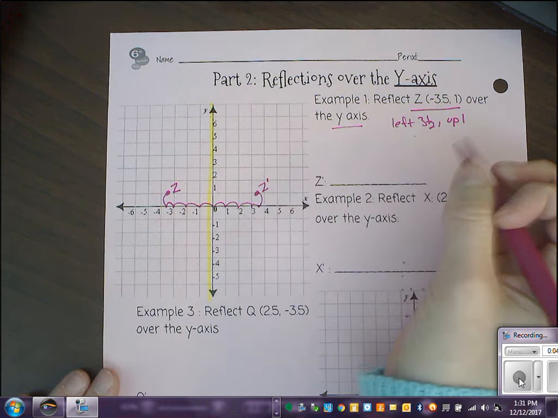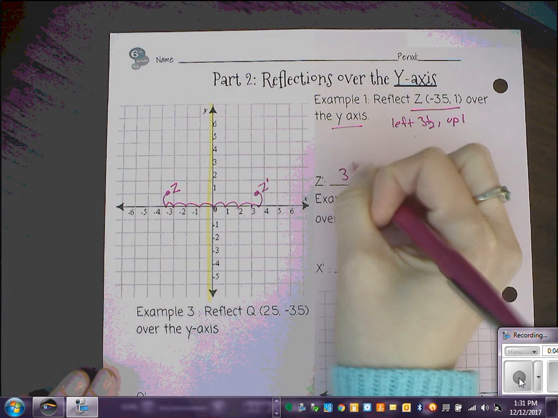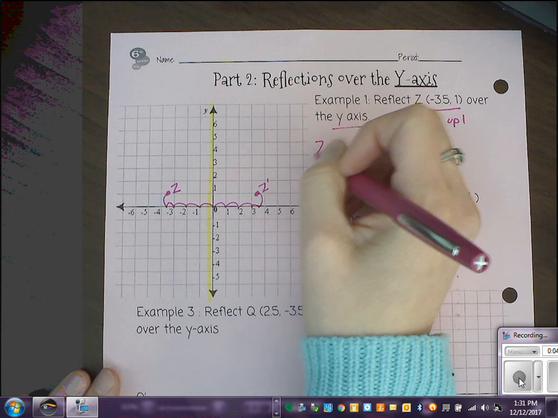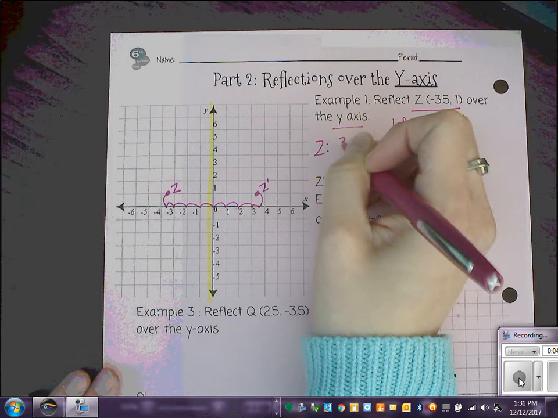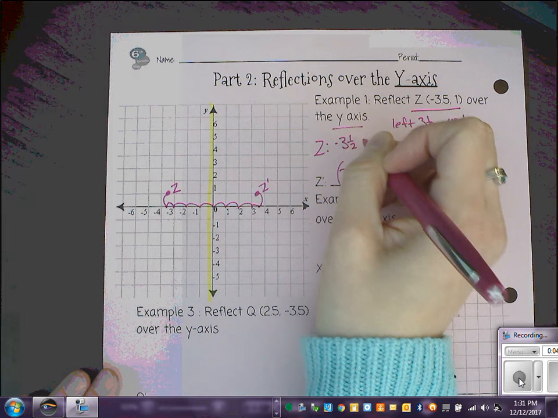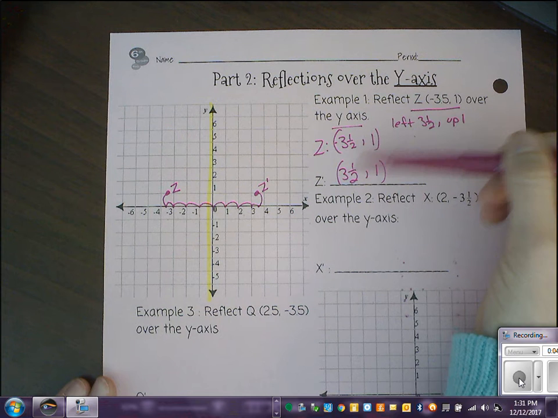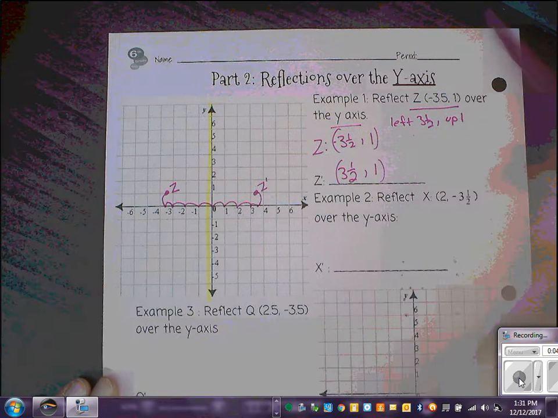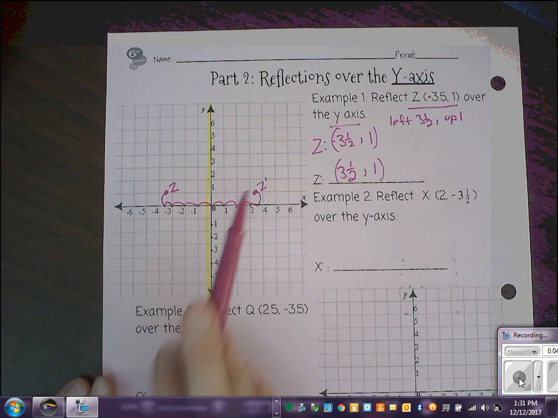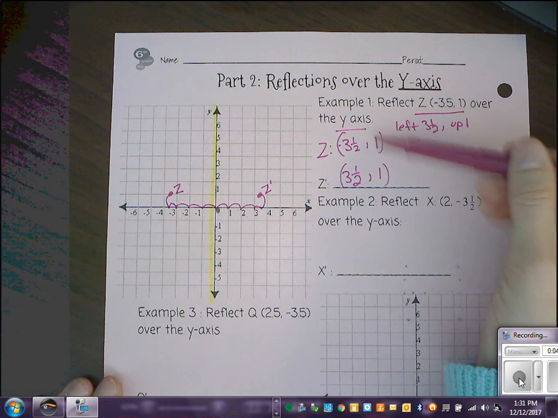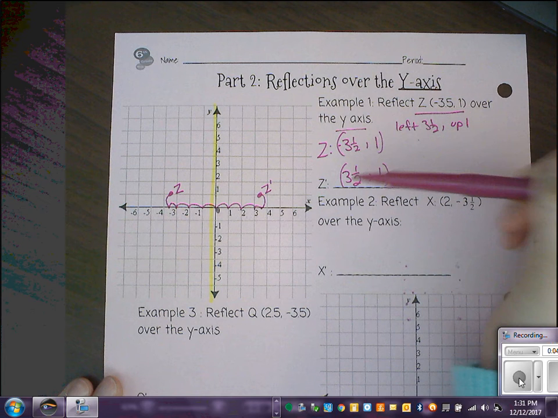So my new coordinates are 3.5, 1. Remember, Z, the original I graphed, was -3.5, 1. You can see now that my x value is changing and my y value stays the same when I reflect over the y-axis. When I reflect over the y-axis, my y value stays the same and my x becomes the opposite.